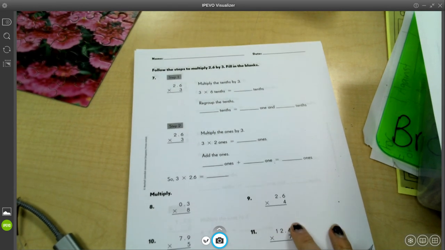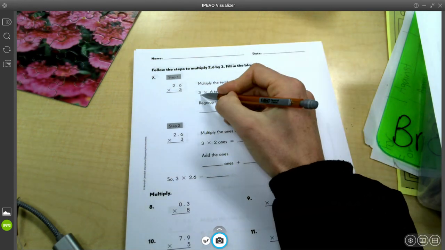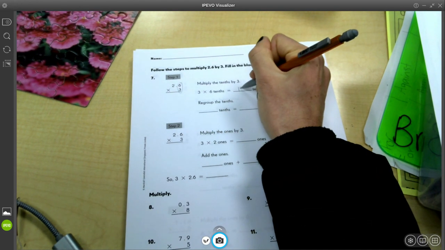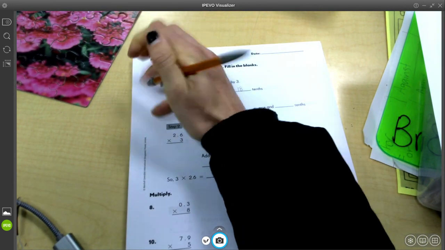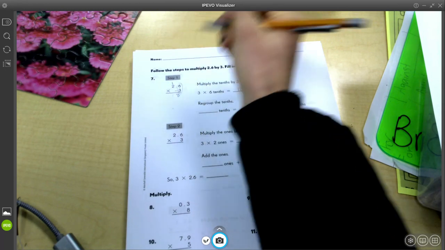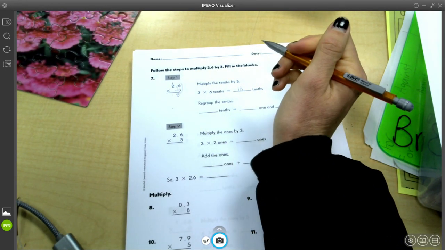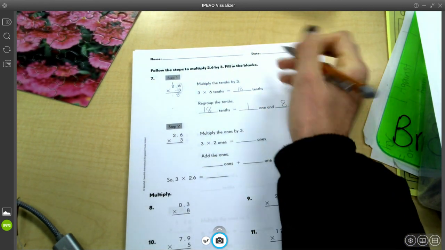All right. I'm going to follow the steps. Multiply the tenths by 3. 6 times 3/10 here. I'm doing this first. Is 18/10. I'm going to regroup the tenths. So 18/10 is 1 and 8/10.